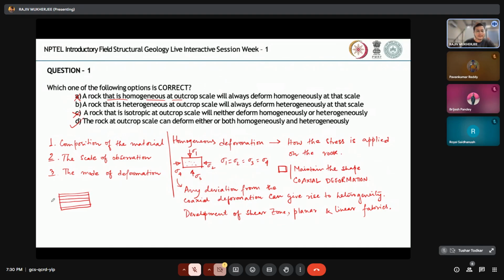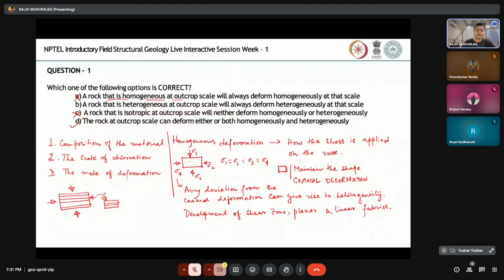So even if there are layerings, if I apply stresses in such a way that the shape of the material does not change, then the size will simply reduce, but eventually the structures within the material will be preserved.